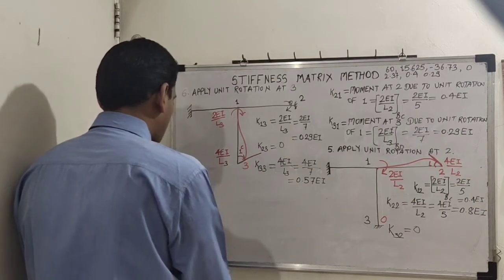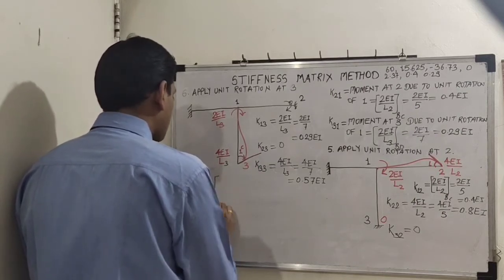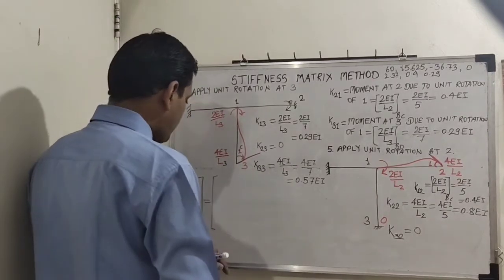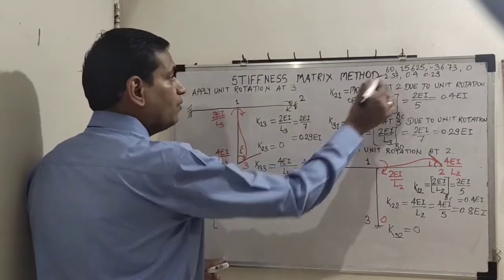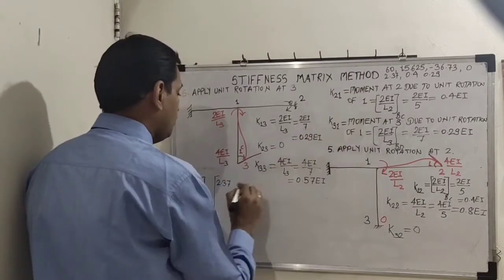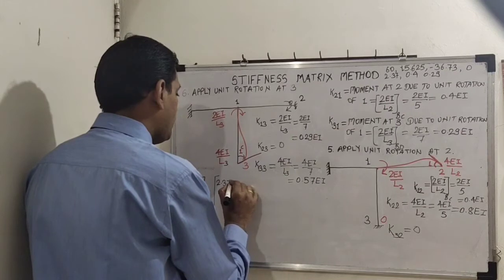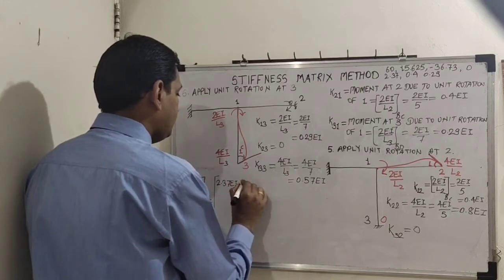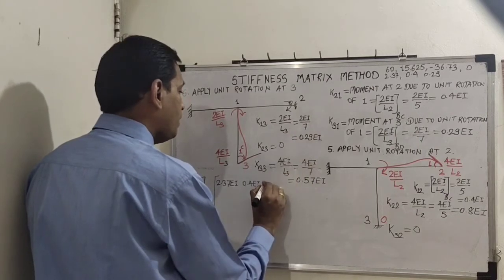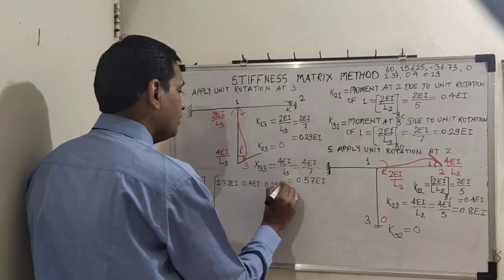So this is equal to the inverse of the stiffness matrix. Note down the values one by one now. K11 is 2.37, K12 is 0.4EI, K13 is 0.29EI.